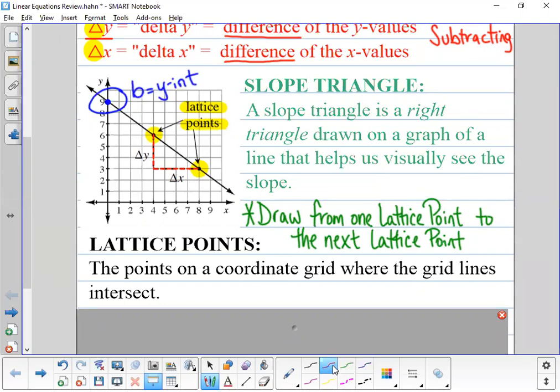And then I can draw in my slope triangle going from one lattice point to the next. And you always want to make sure your slope triangle is a right triangle. And then that will tell me my delta y and my delta x.